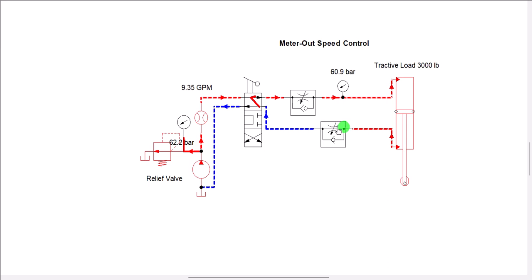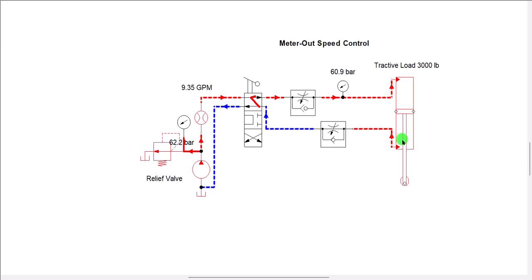It has to go via the FCV, which poses some restriction. So this part of the line is still at positive pressure, above atmospheric pressure, and this line is connected to the tank. So this part of the line is at 0 bar, while this one is not. So this means the rod end fluid has certain resistance to offer when the piston is trying to descend. It's not a free fall anymore.